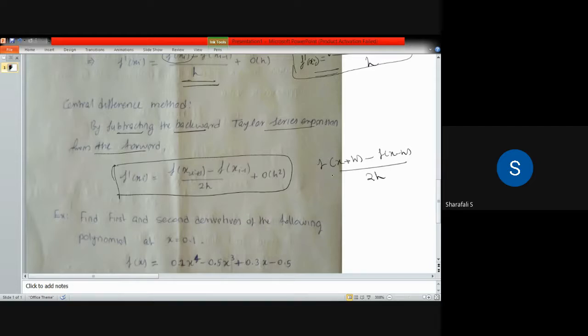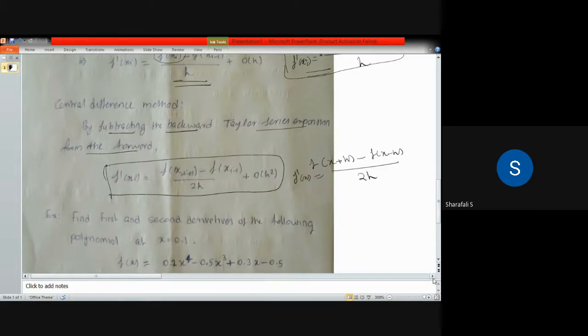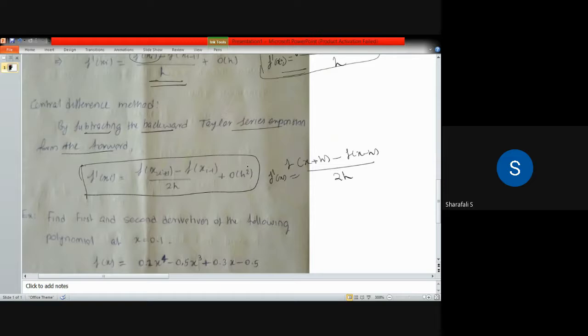So this is the expression for f dash of x when you consider the central difference method, and some error terms are also there. This time, this error term is in the order of h square. Okay, so the error will be much smaller.